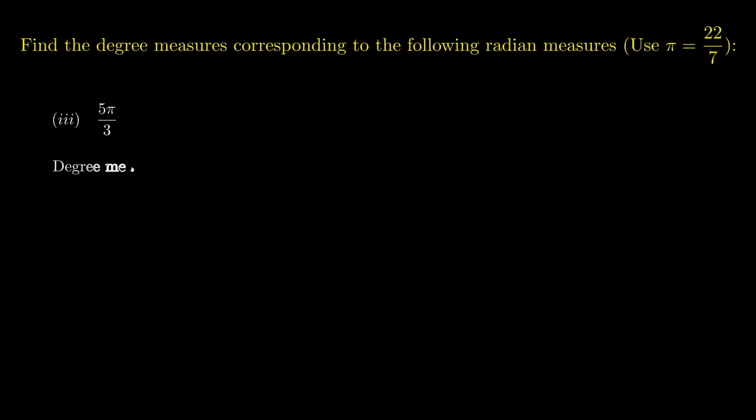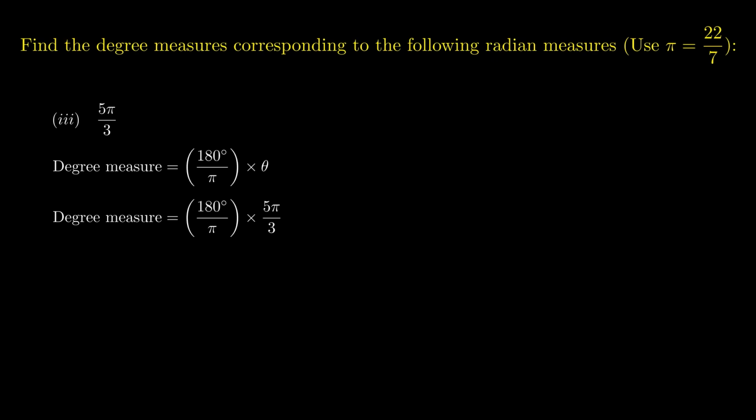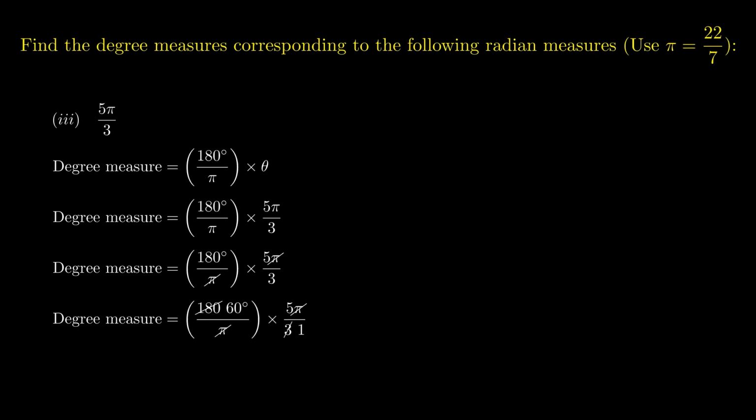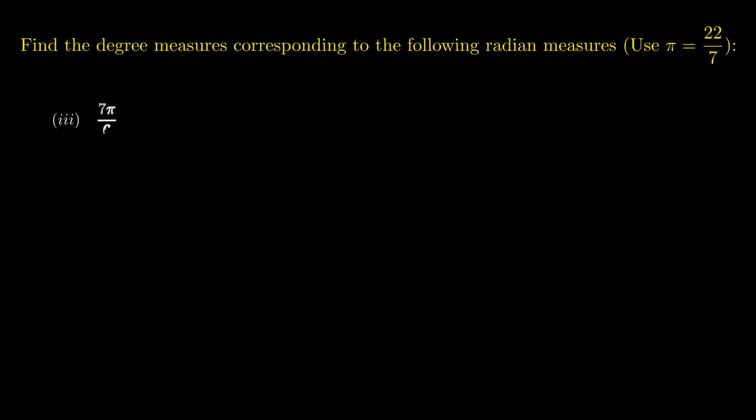So let's convert 5 pi by 3 radians into degrees. Pi cancels out with the pi in the numerator. Okay, so now we have 60 times 5, which is 300 degrees. Our last problem in this set is 7 pi by 6.